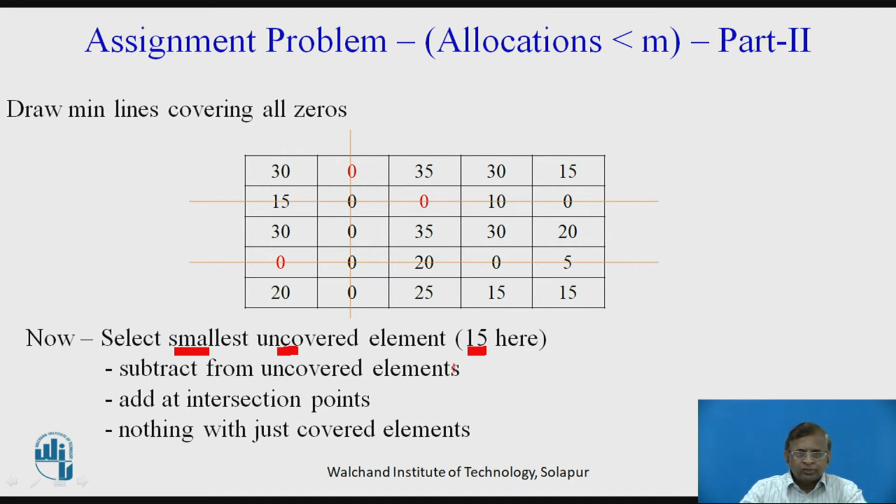There are 3 categories of elements in all. One is uncovered elements like 30 here in cell 1, 1. Second category is just covered elements like the element 0 in first row, second column, or the element in second row, first column like 15. They are just covered by a line.